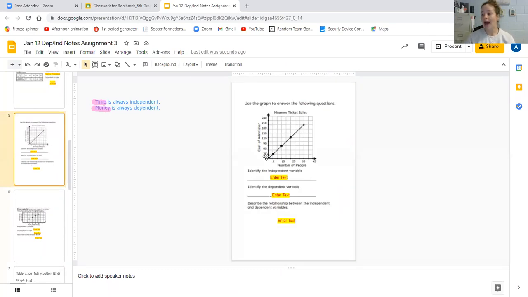Okay, so now we are going to be talking about how we're looking at a graph. Remember, our independent variable, what axis is our independent variable? Which one is our independent variable?